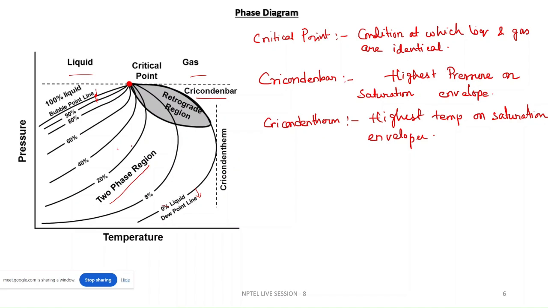The two phase region I already discussed. This is where liquid and gas both will be present. And see, this is the shaded region, that is the retrograde region. At this region, liquid condensate forms by lowering pressure or increasing temperature.